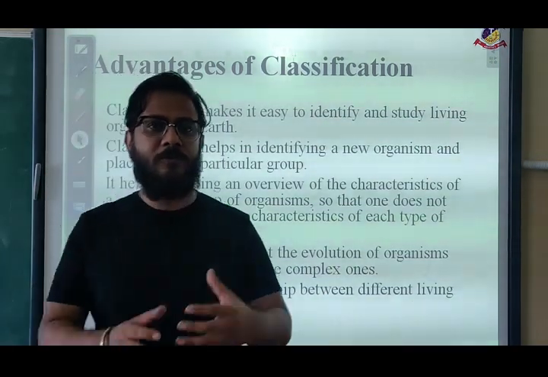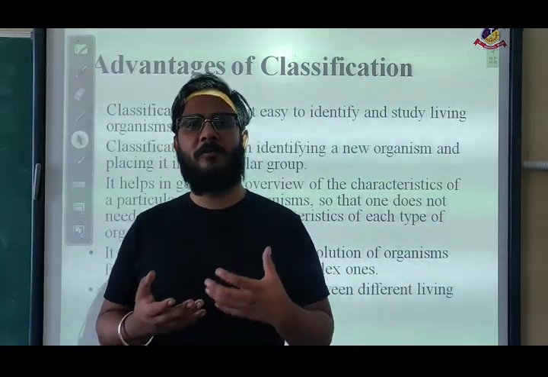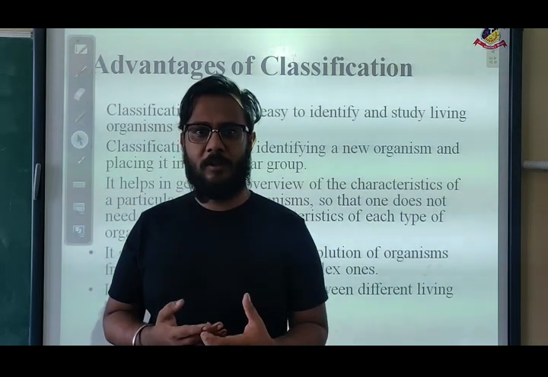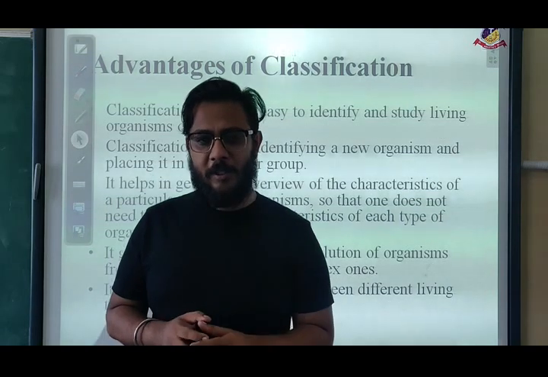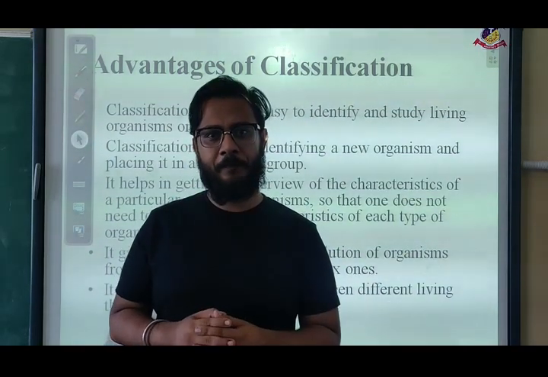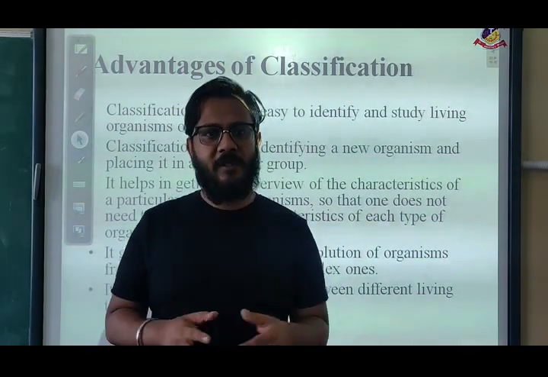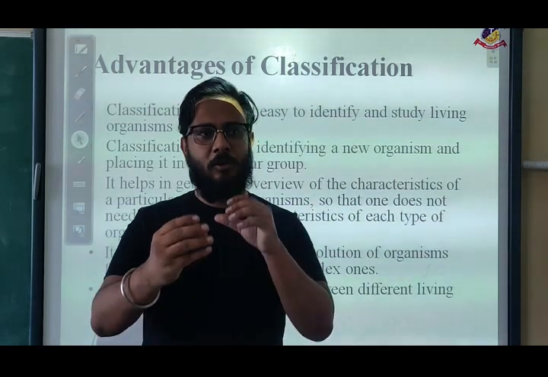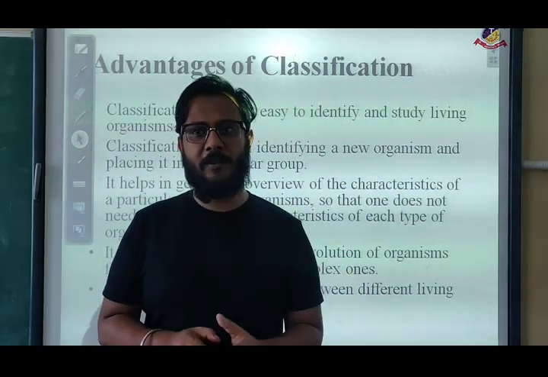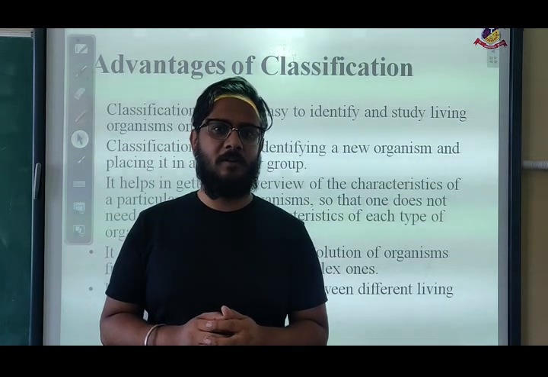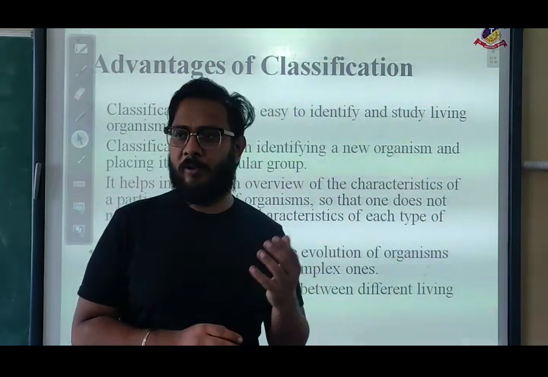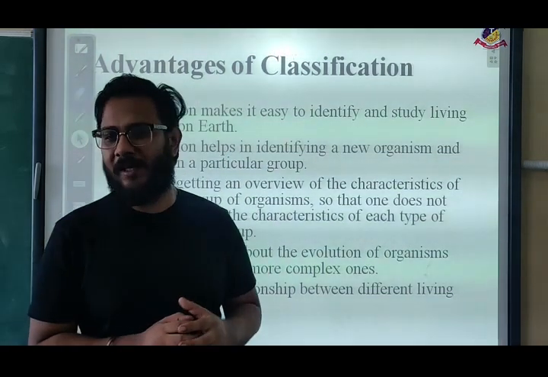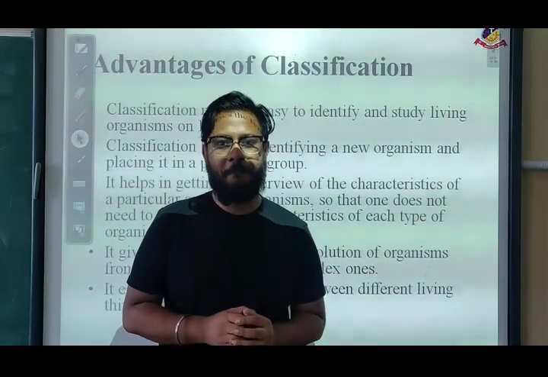Now imagine you find a new species of animal, and you study it. It has got wings, it has got feathers, it has got scaly legs, it has got a beak. It's a new species. What are you going to name it as? Are you going to name it as an aquatic animal? No, you're not. Are you going to name it as a mammal? No. Reptile? No. Birds? Yes.